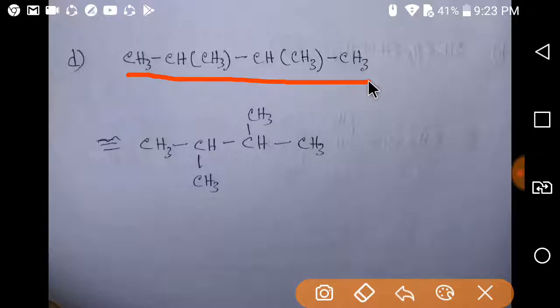You can write this compound like this. This is CH3. This carbon has one methyl group, right? And then this carbon is linked to this carbon, and this carbon has one branch chain, right? And this carbon is linked to this carbon.